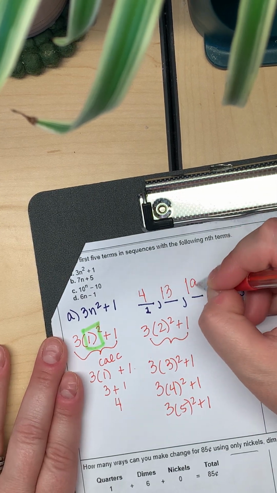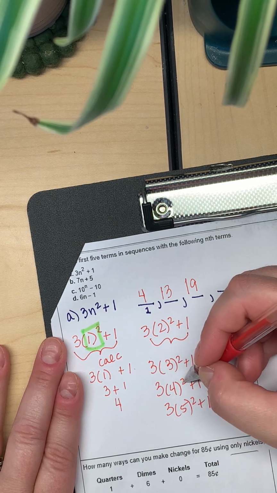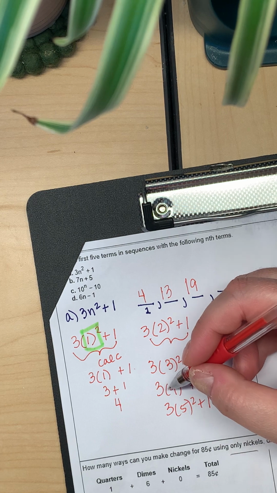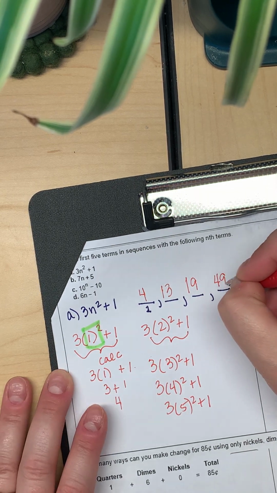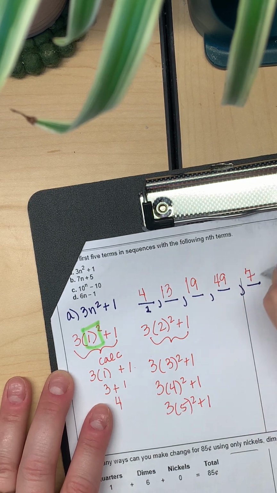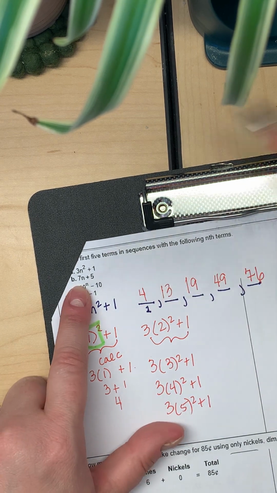We should get 28, 49, 76. Okay, then you're going to do the same thing for all these others.